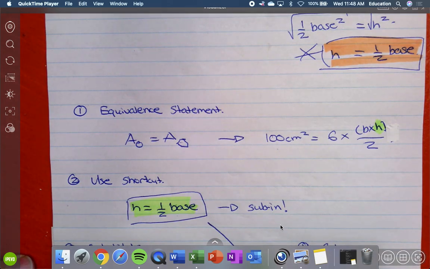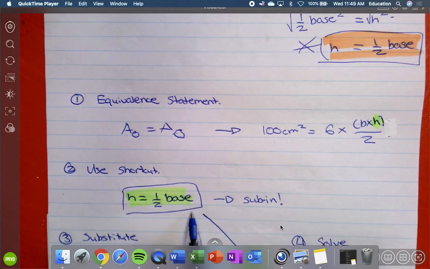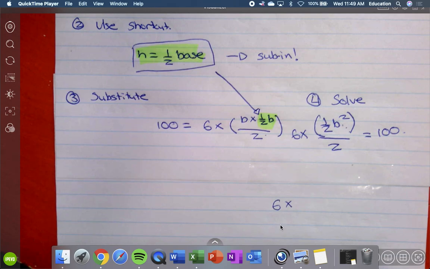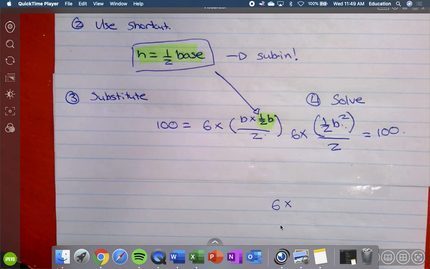So you can never get down to b equals 4, because you would always have an h in there. So I'm removing the h and replacing it by b's, which is here. H is equal to half of base. If you were representing half the base, you would say this is the height of the triangle.